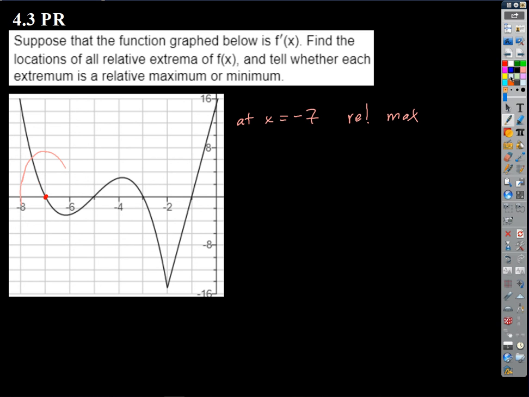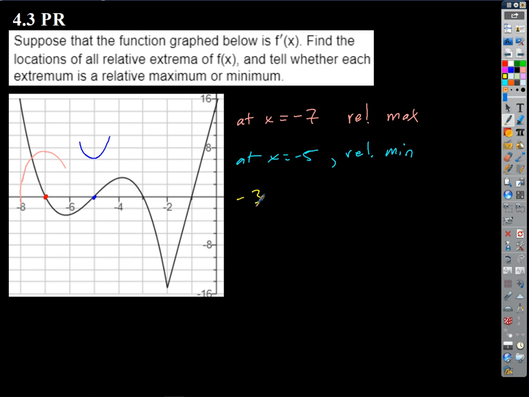What's happening here? What's happening there? It's got to be a valley because I'm going from decreasing slopes, so it's going to look like decreasing to 0 to increasing, right? So at x equals -5, relative min. So where else would you get them?